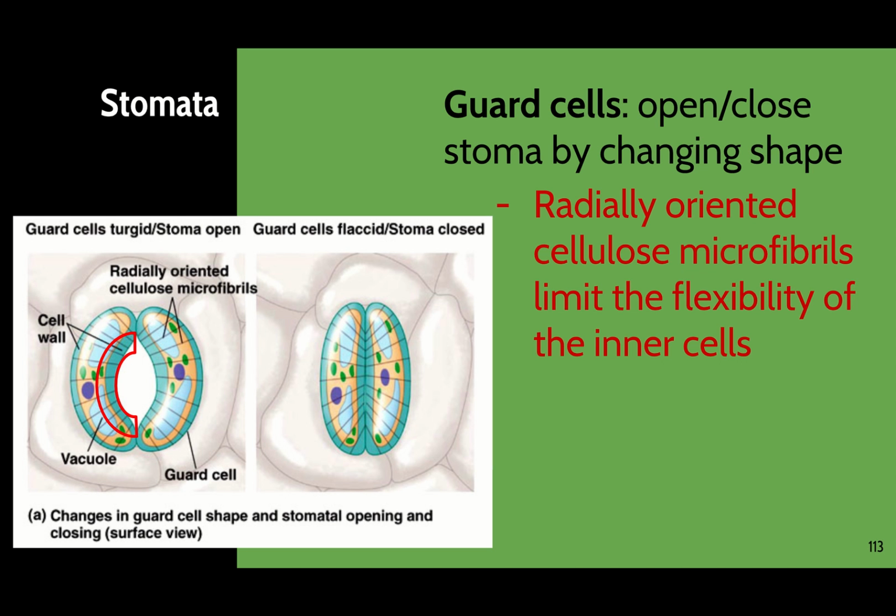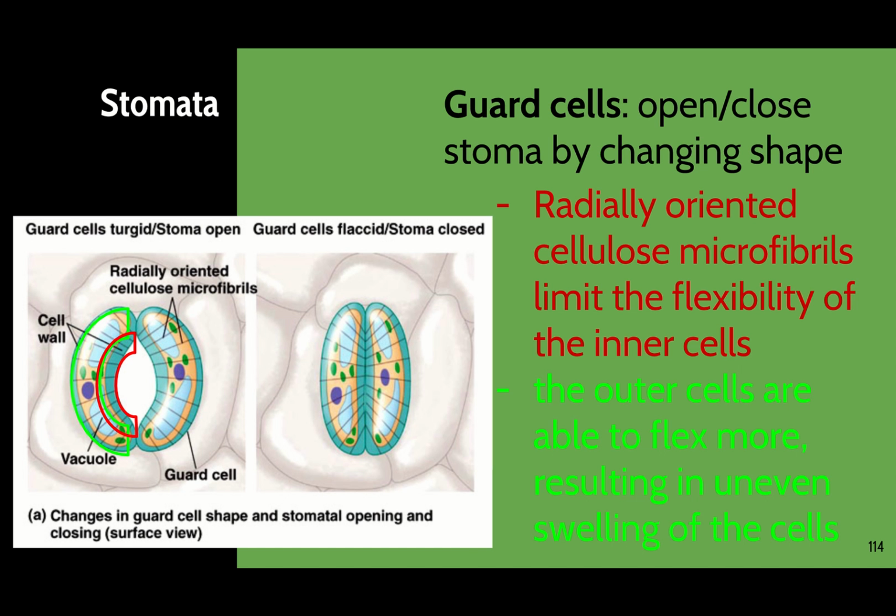So as water fills the guard cells, that region of tightly constricted cellulose microfibrils is going to decrease the flexibility of those cells, while the outside of those guard cells has more flexibility, and so they can extend more than the inside can when they are being filled with water.